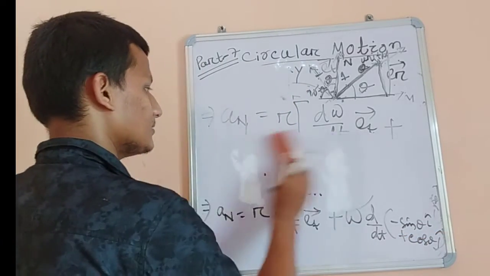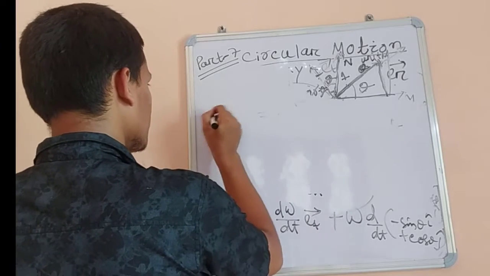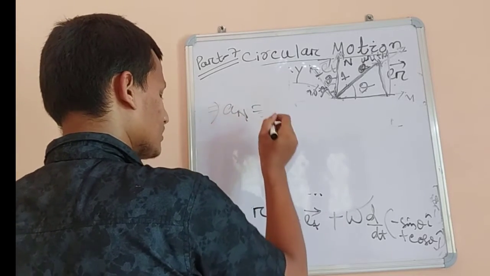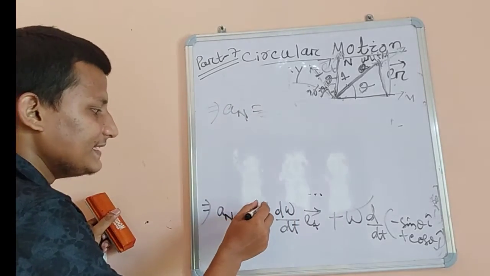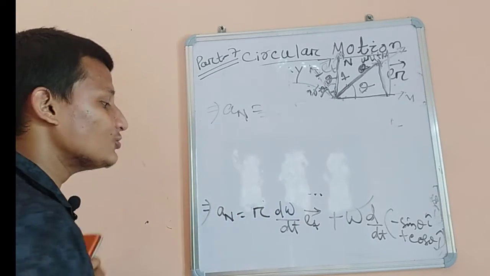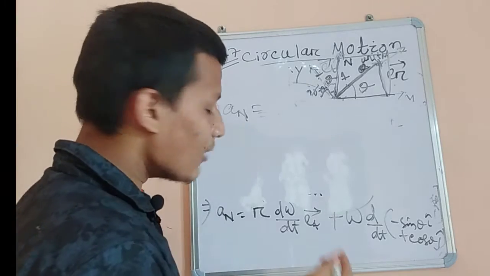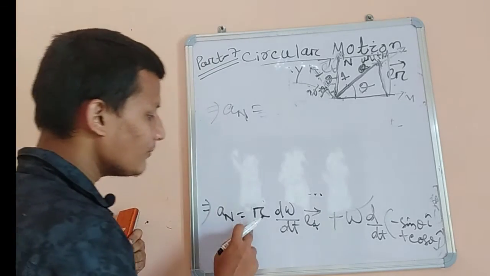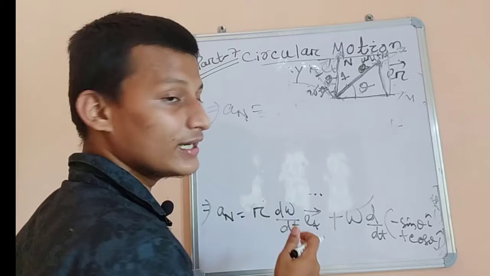Then, we can take this r inside the derivative, because a constant can come outside of the derivative and can also go inside of the derivative.